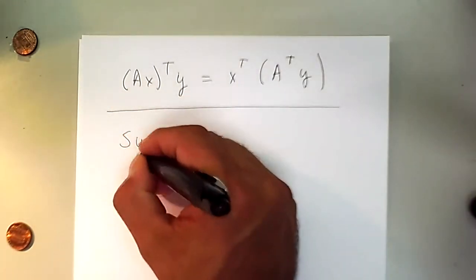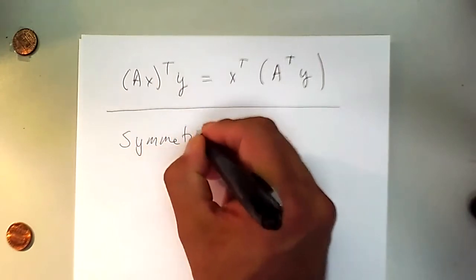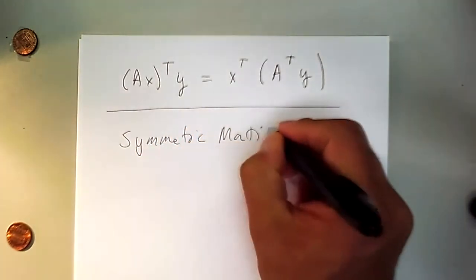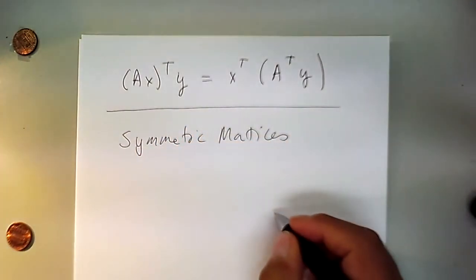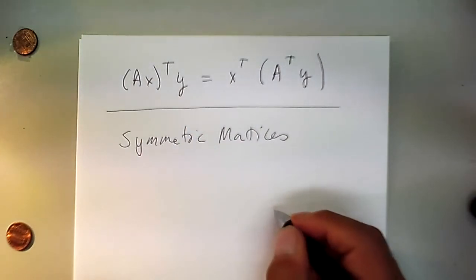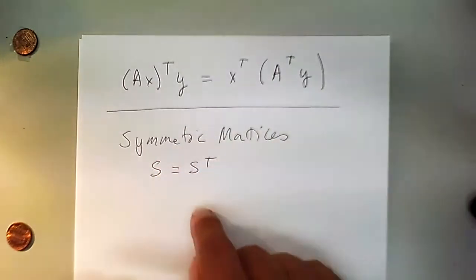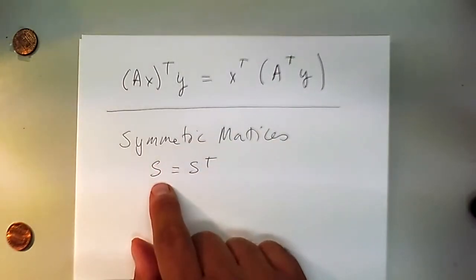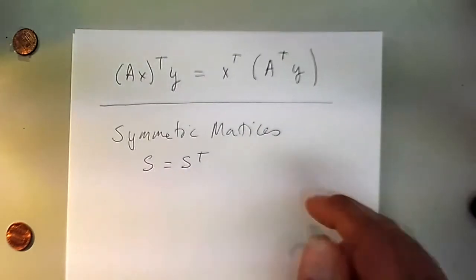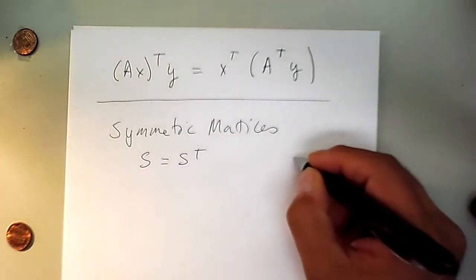Symmetric matrices. So a symmetric matrix is the one that equals its own transpose. So when you change the rows into columns, you still end up with the same matrix. So let's say you have the matrix as an example.